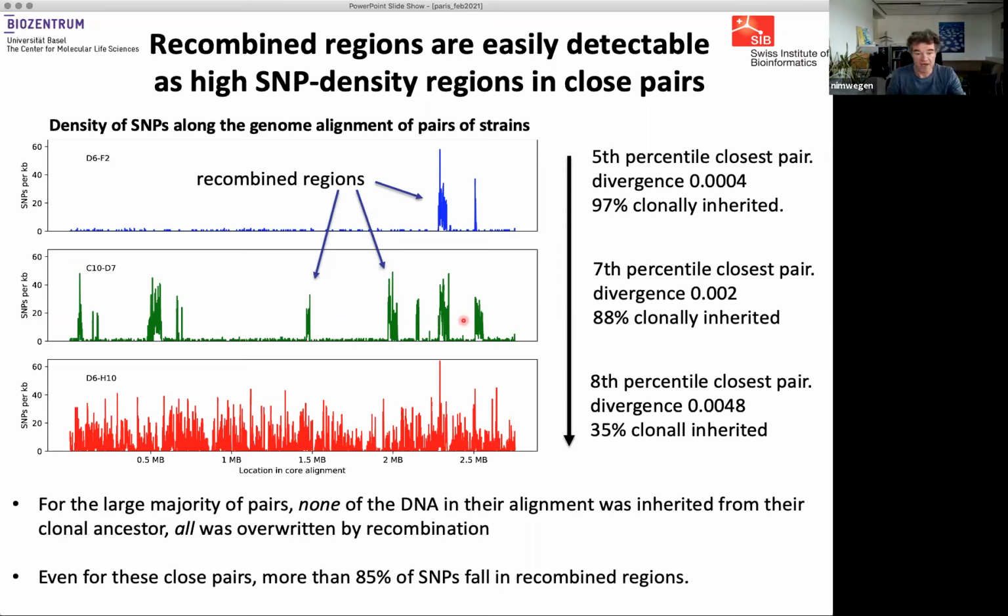And here, if I go only to the 8th percentile closest pair, which is 2-fold more divergence, it becomes much harder to see which regions are still clonally inherited. So what we observe is that for the large majority of pairs, none of the DNA in their alignment was inherited from their closest ancestor.